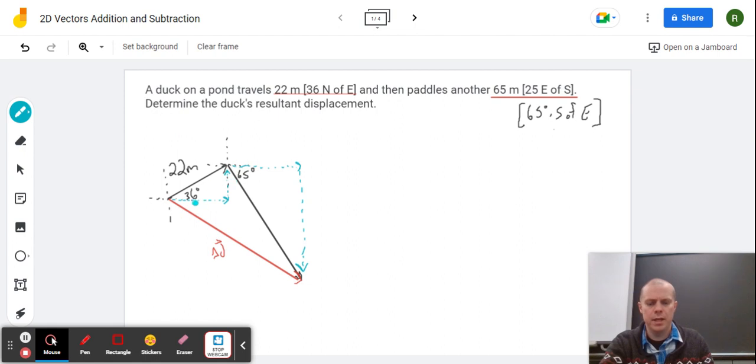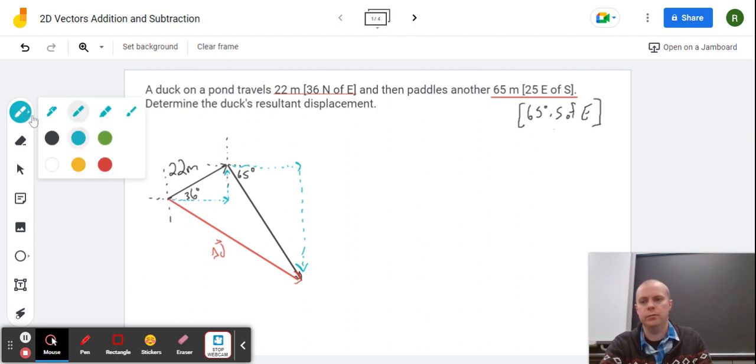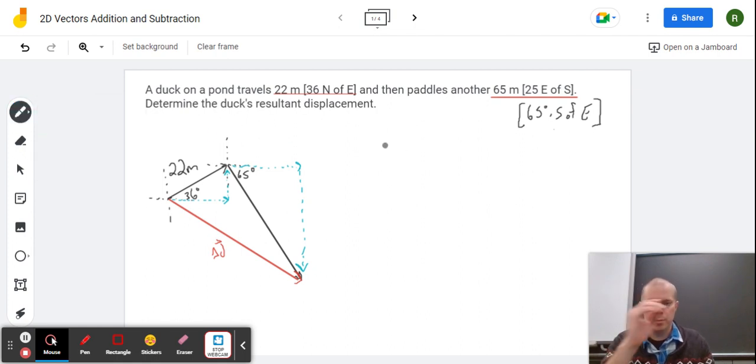Okay. And then if I add all the horizontal components together and I add all the vertical components together, I can just get a simple right-angle triangle that I can use to assemble everything. Okay. So to break something into components, basically we're going to split things into x and y.